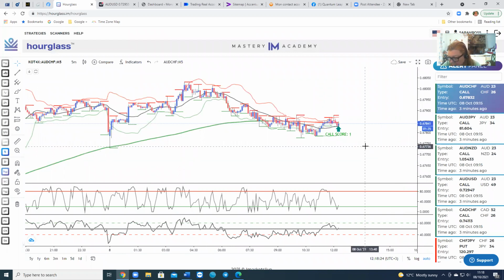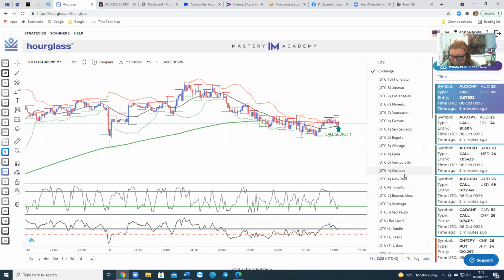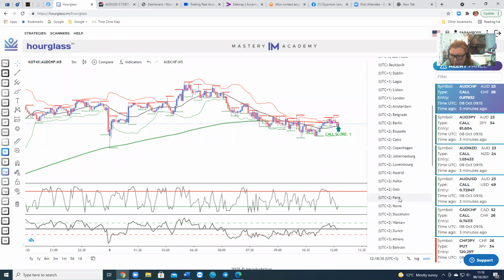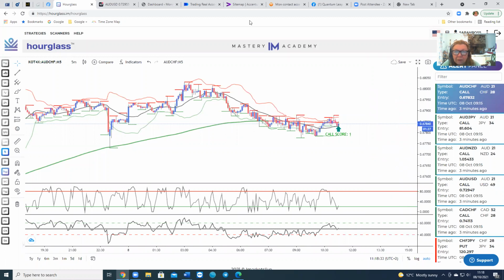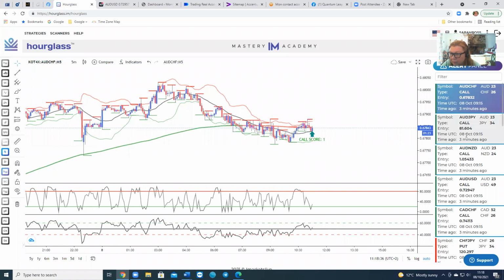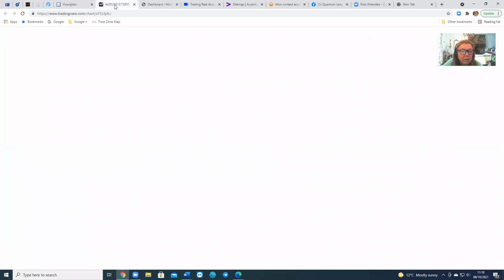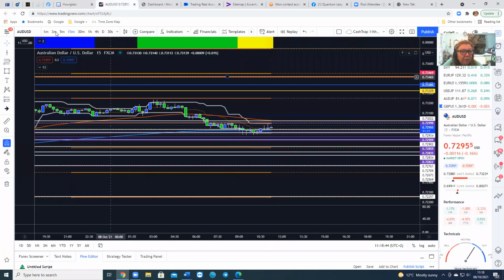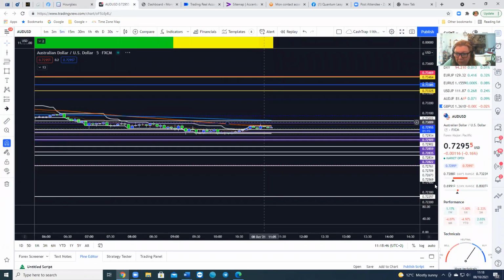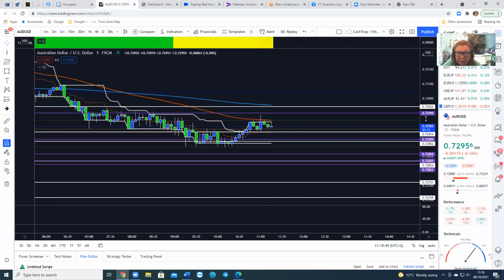Just missed the quarter past, so it's 18 minutes past now. Just have a look at what's happening on the currency strength as well. Come to the 5-minute. I'll show you these lines in a minute.